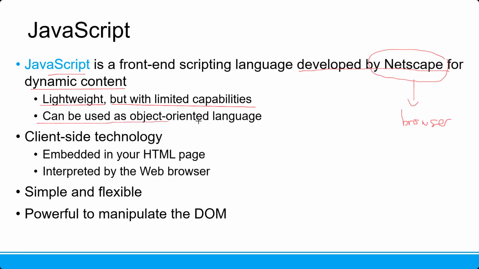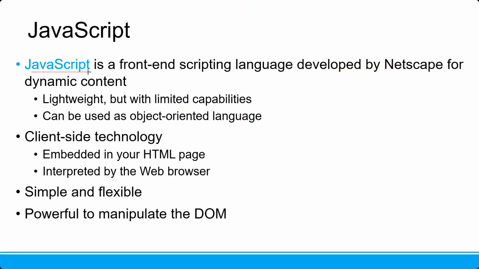It can be used as an object-oriented language. Many people say that if a programming language can be used as an object-oriented language, then it is a high-level programming language.